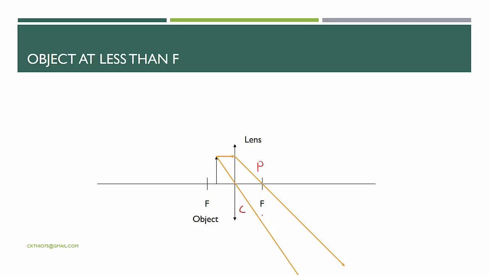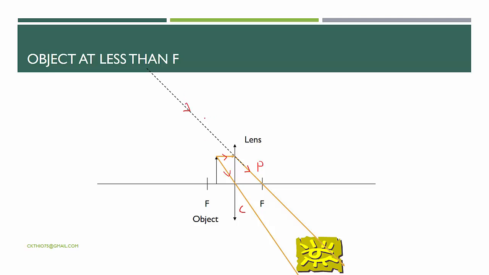Okay, but what will happen is that if we place our eye over here to see the image, we will perceive that even though the light ray is actually going in this manner, refracted by the lens, and the light ray is going in this manner passing through the center of the lens, our eye will perceive that the light ray actually comes from here.